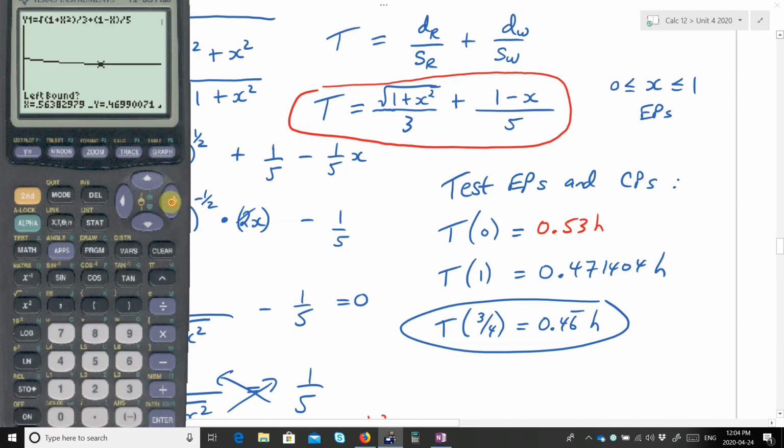Oh, sorry, yeah, the minimum's over here, right? At 0.75. There we go, much better. Okay, so 0.75 and then that 0.46 repeating, and there's the minimum.